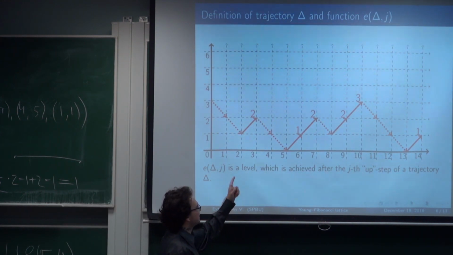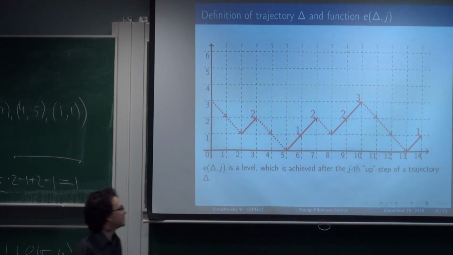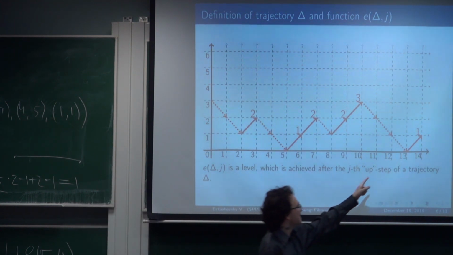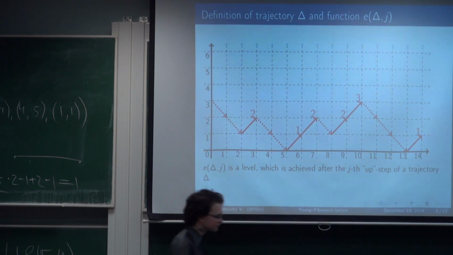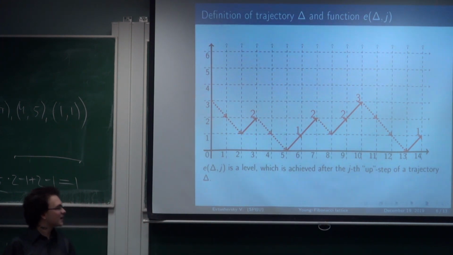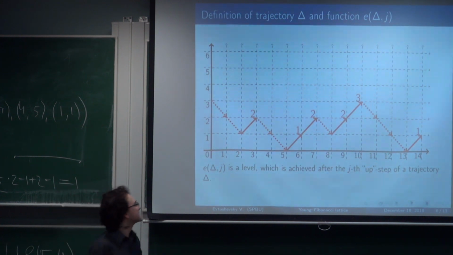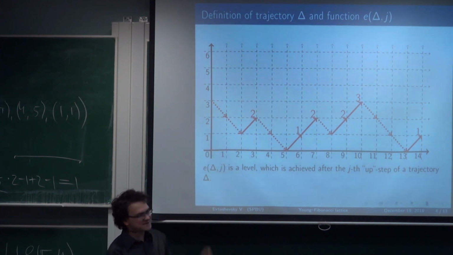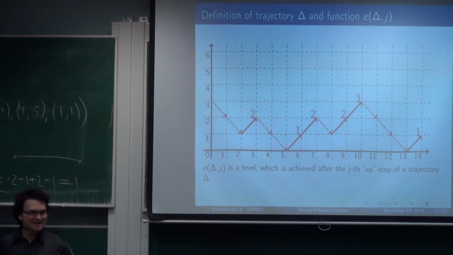For example, if we have this trajectory, vertex y in the third level and vertex x in the first level, a yx delta path is a path which begins in the vertex y, consists of down step, down step, up step, down step, down step, up step, and so on, and ends in the vertex x.